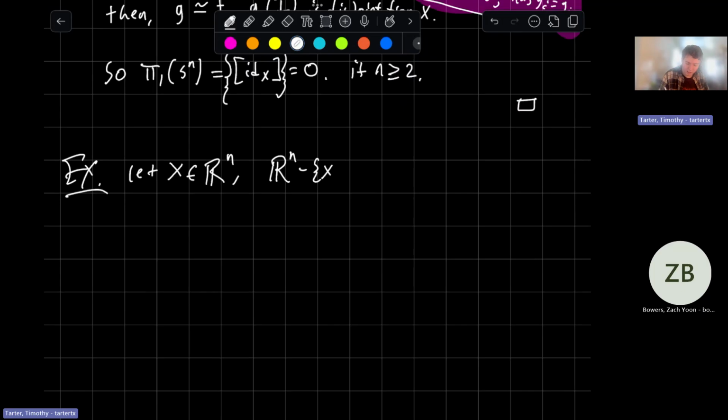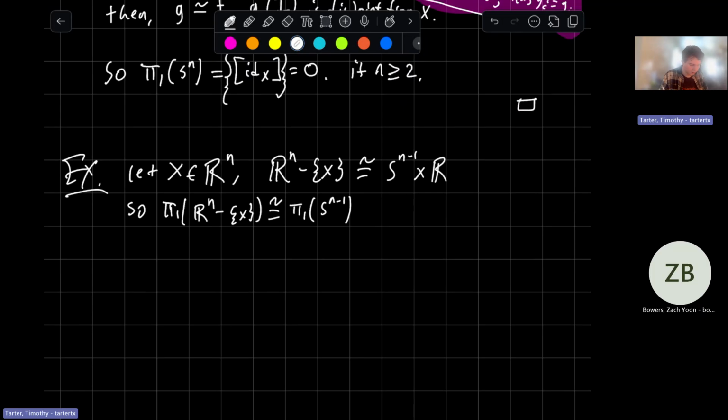Then R^n minus X is homeomorphic to S^(n-1) times R. So by the product result, pi 1 of R^n minus X is isomorphic to pi 1 of S^(n-1) cross pi 1 of R.